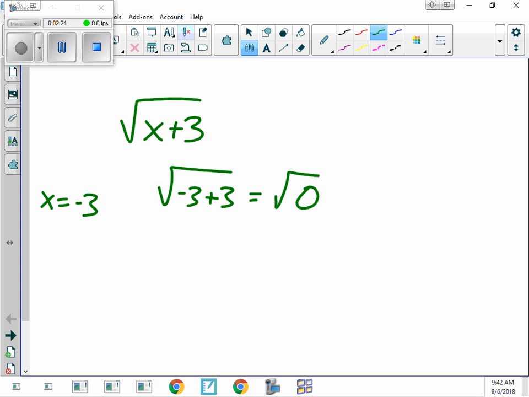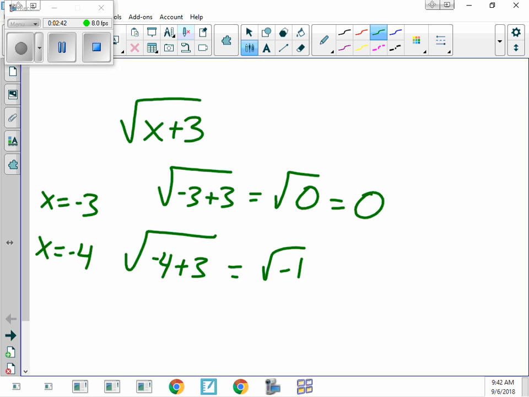Does that exist? It's just 0. And that actually worked. Can you think of a number that won't work? Negative 4, right. X equals negative 4. The square root of negative 4 plus 3 is the square root of negative 1, which is i. And if you plug a number in and you get an i, that original number is not part of the domain.